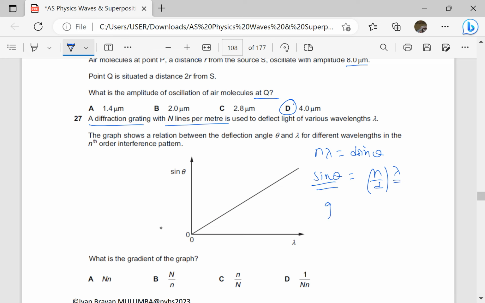So notice that the gradient is equal to n divided by d. But remember, d is 1 over capital N, which is the number of lines. So it means the gradient is n divided by 1 over capital N, which becomes small n times capital N, which makes our answer to be A.